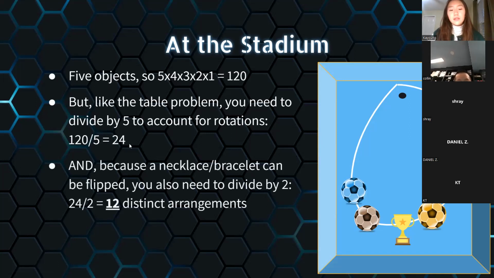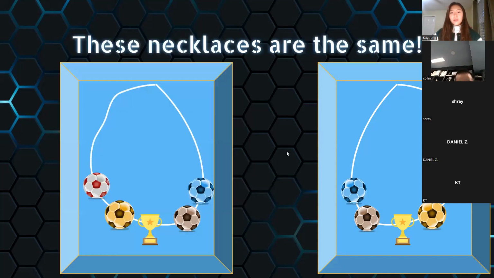But a necklace or a bracelet can be flipped. So it's the same necklace, but you just flip it. So now you also need to divide by 2. So many steps. So there's 12 distinct arrangements. What do you mean you can flip it?